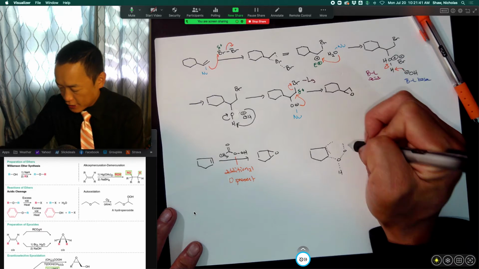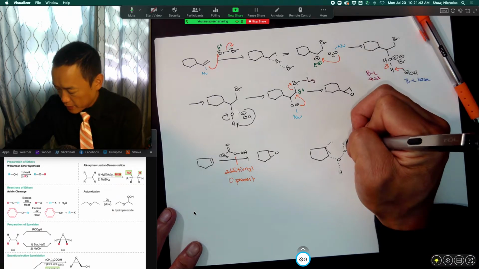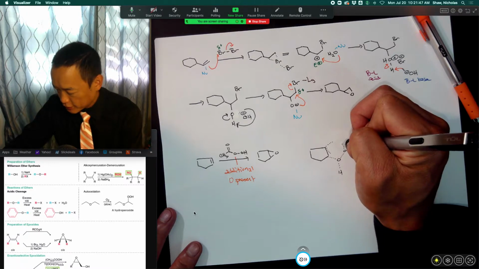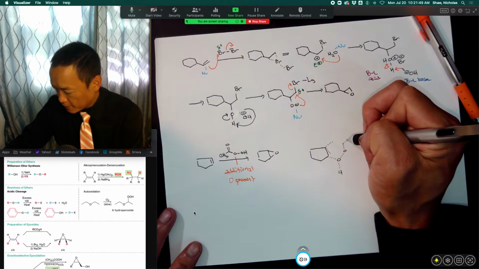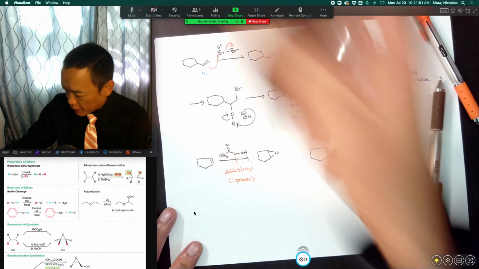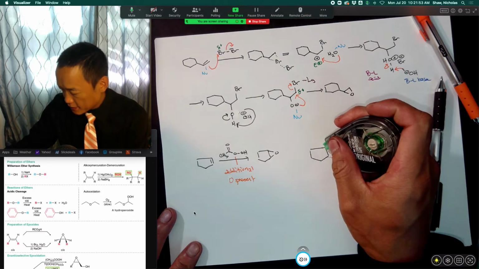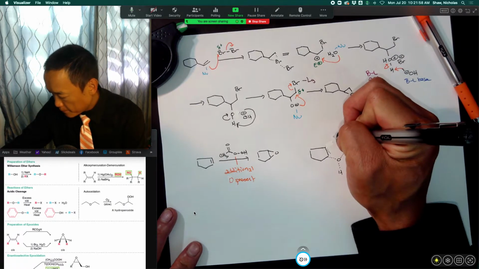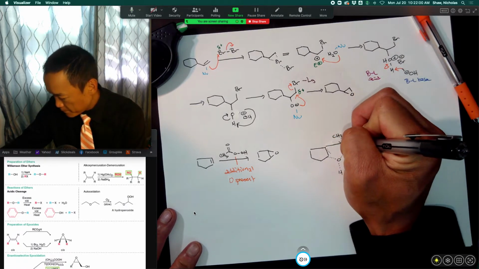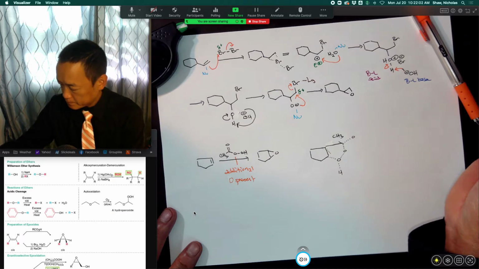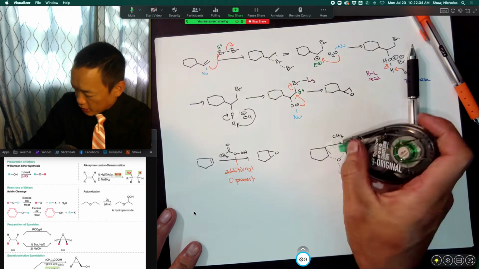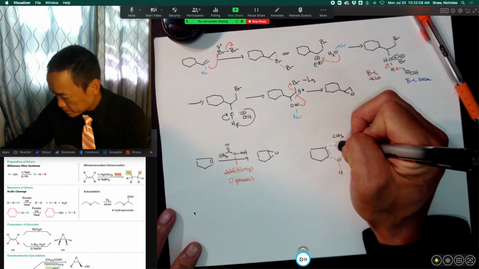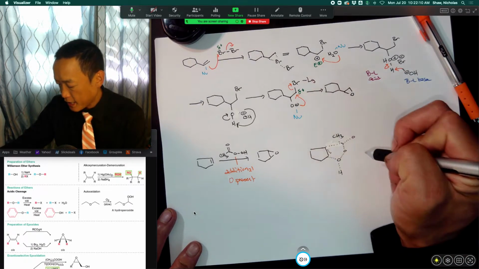I'm drawing dash lines here so I don't have to fully commit to an idea until I've sketched it all out whilst still talking here. But what ends up happening is the species coordinates in this really cool way, to kind of insert an oxygen atom using this pi scaffold.